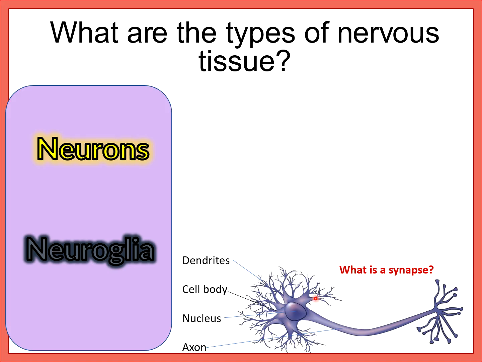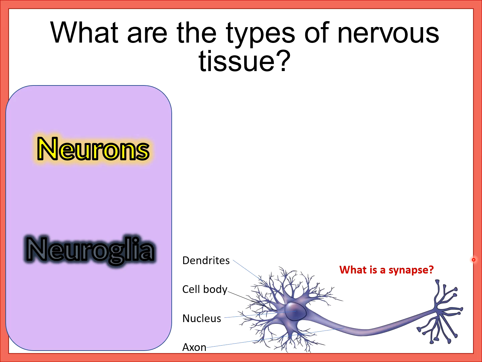So the signal will go from the dendrites to the cell body down the axon, where it will meet with another neuron or a muscle or a gland. Where this axon ends and meets with another cell, that is called a synapse.